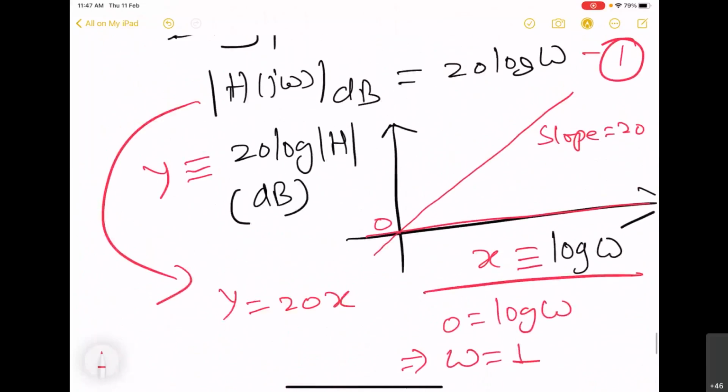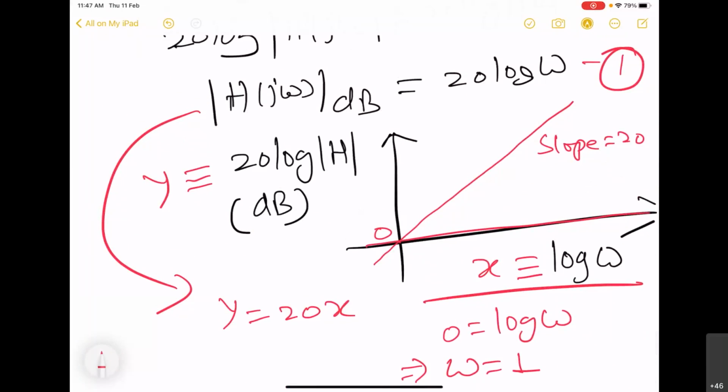Okay. So here we have seen that the slope is equal to 20. Now let us see this in slightly more detail and see how we actually specify this slope. Suppose we take two x values, x1 and x2, and correspondingly we have y1 and y2.